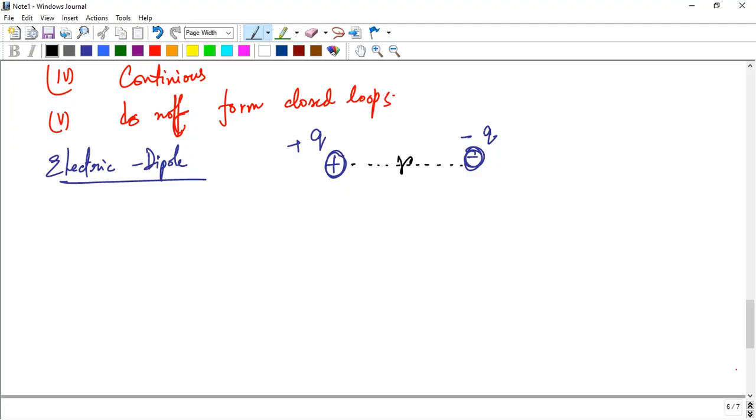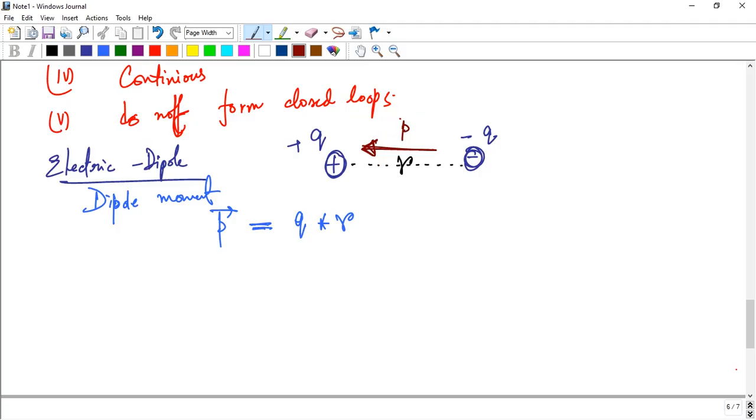Here is the dipole moment, which is important. It is a vector, called the dipole moment, p. It is equal to the charge q times r, the distance between the two charges. Keep in mind, dipole moment is a vector, so it has a direction: from minus to plus, from the negative charge to the positive charge.